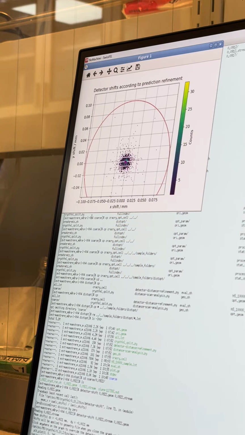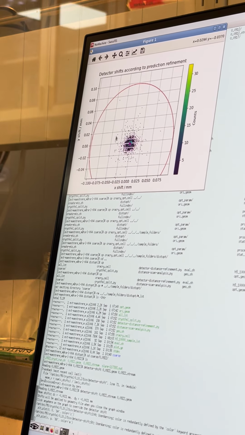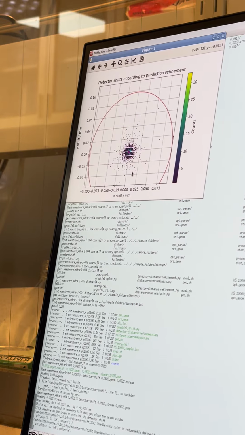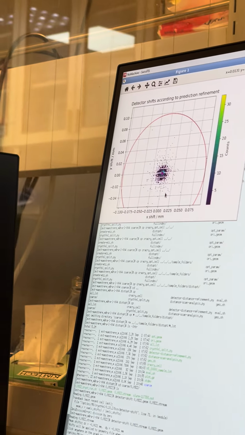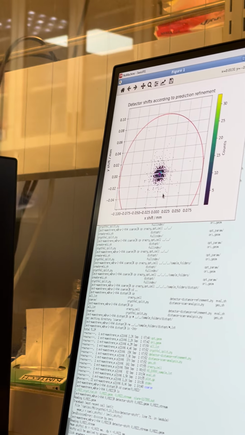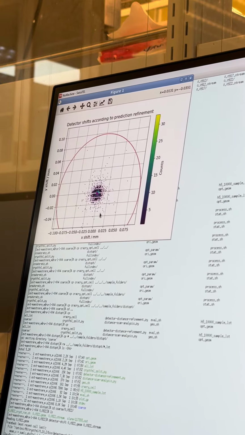So what are we looking at here? The little dots you see here correspond to the center of the image, so the H0, K0, L0 for each of the indexed crystals that we have in the data set.